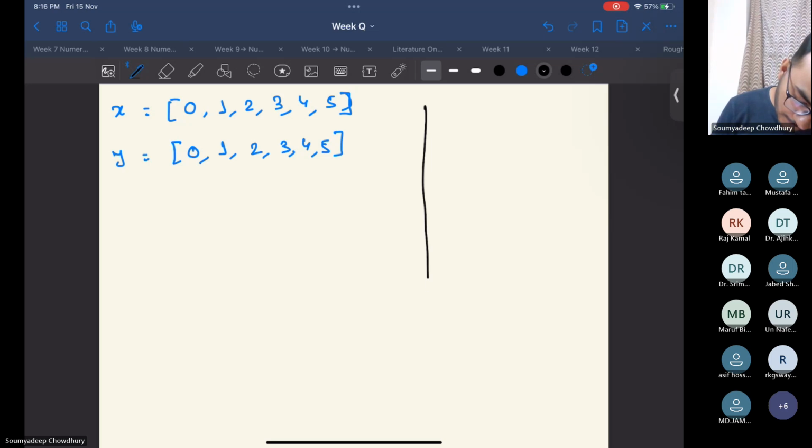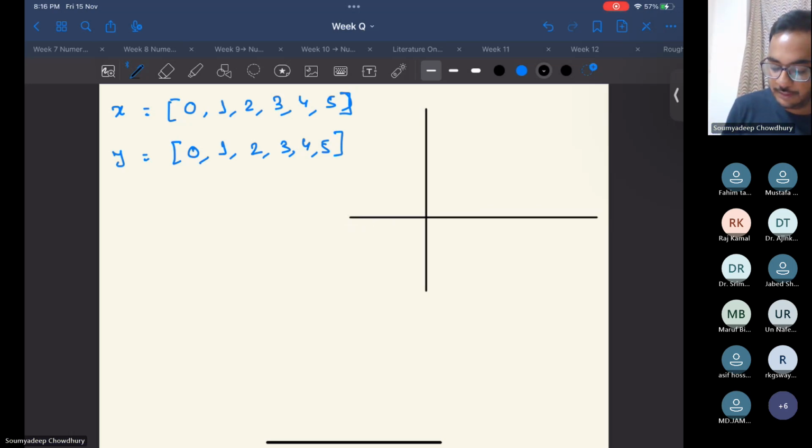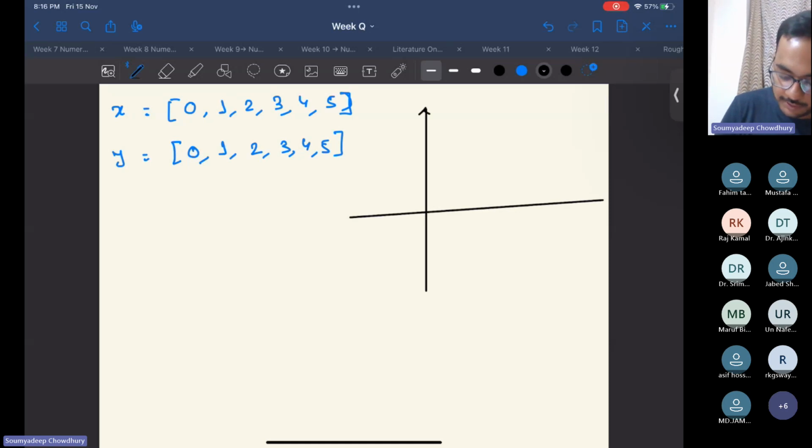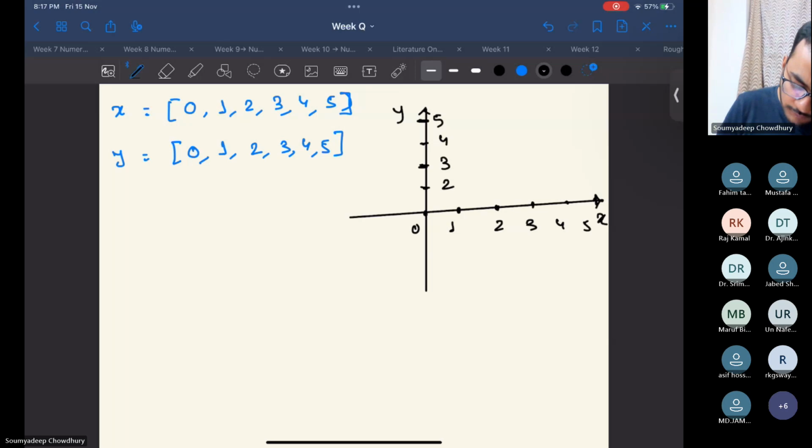Before going to the meshgrid command, just try to visualize this. You have the x and y coordinates here. So x is 0, 1, 2, 3, 4, and 5. Similarly, you have also 5, 4, 3, 2, 1. Now if I want to create a plane with this, a mesh basically, I need to include all these points, right?